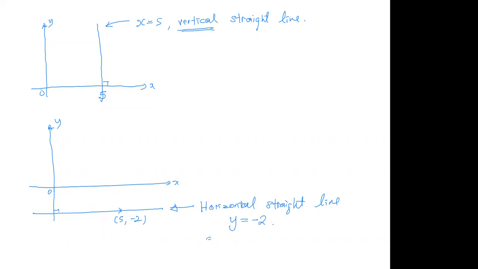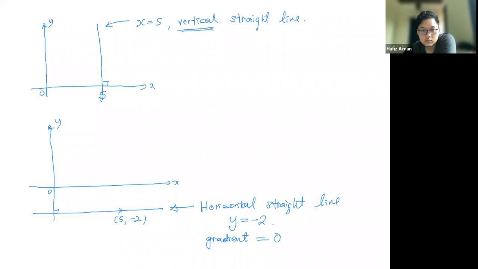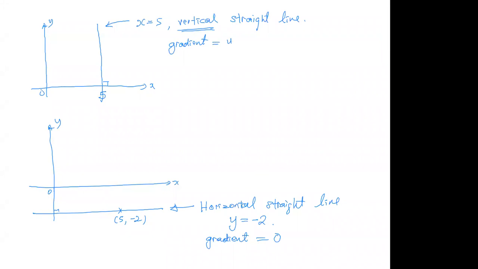Horizontal straight line is parallel to the x-axis. This is gradient equal to 0. This one, gradient undefined. Are you clear? Undefined, because when y changes, x doesn't change.